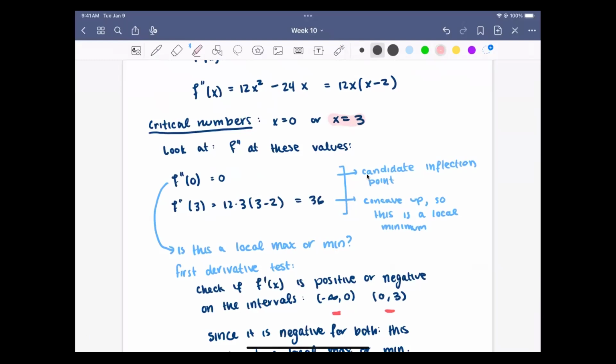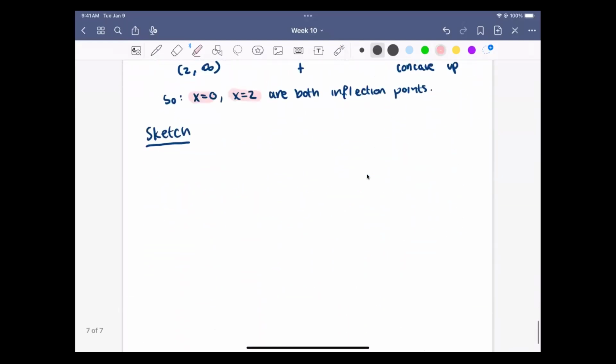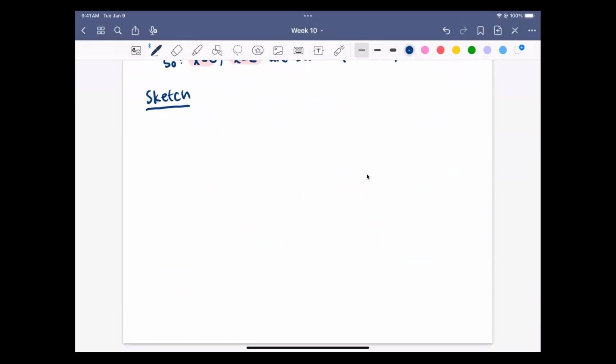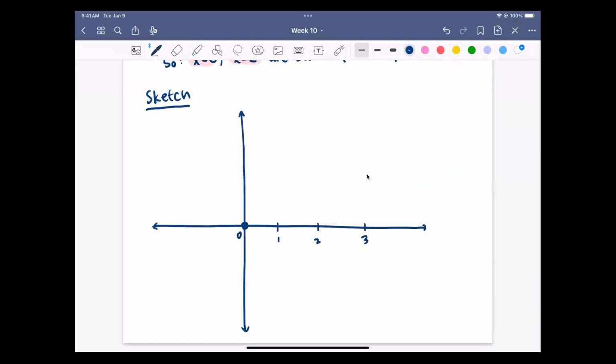So let's use this to start sketching the function. So I'll just draw some axes. Okay, so here was 0, 1, 2, and 3. Okay, so 3 is our local min. So it'll be useful to know what is f of 3.